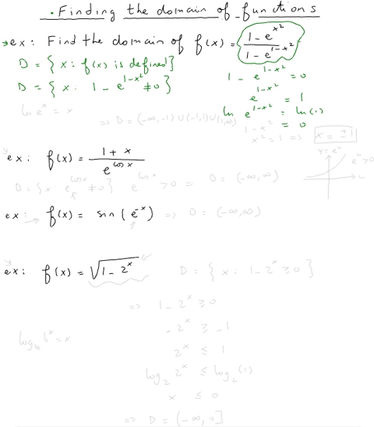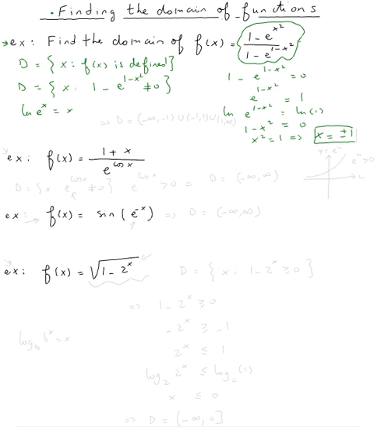But we know ln of 1 is 0. Ln of e to the x is equal to x. So 1 minus x squared is equal to 0, which means x squared is equal to 1, which means x is equal to minus or plus 1.